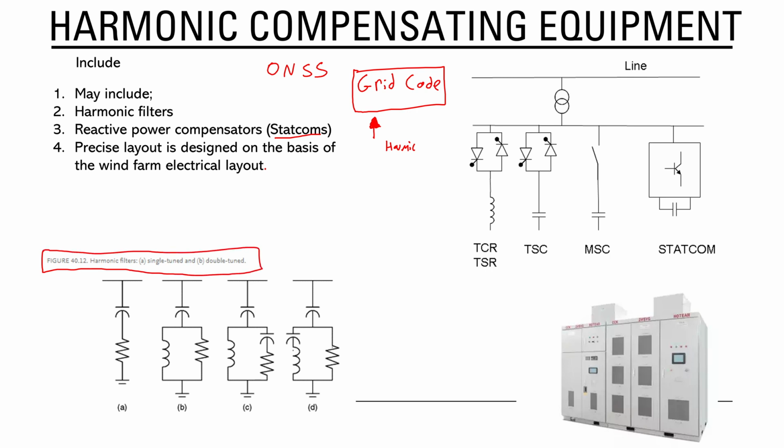Harmonic filters are RCL circuits, so they're collections of capacitors, inductors and resistors, generally between the grid and ground, and what they'll do is filter out second order, third order and fourth order harmonics and so on up to the standard that is required. Now these are generally passive devices.